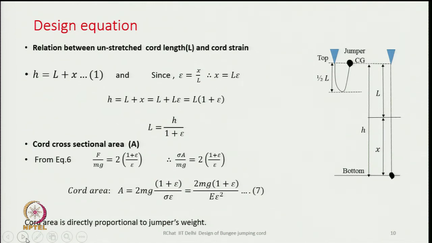So, now we can write certain design equations. Relation between unstretched chord length and chord strain. H is equal to L plus X, we have already seen it. Since strain is X by L, elongation X is L into strain, original length of the chord multiplied by strain.